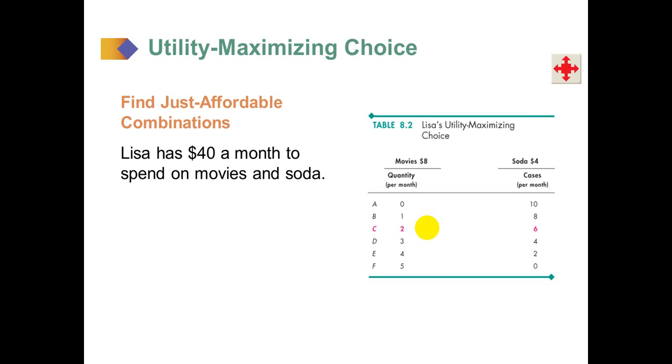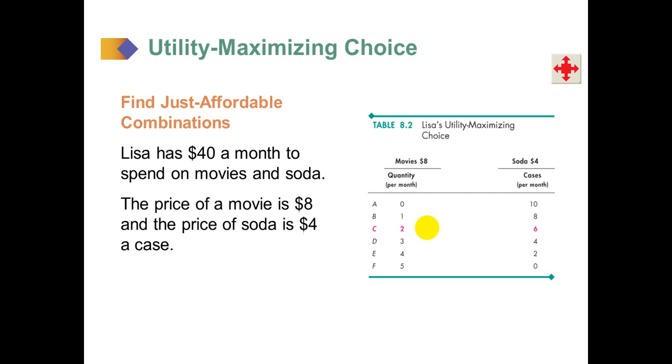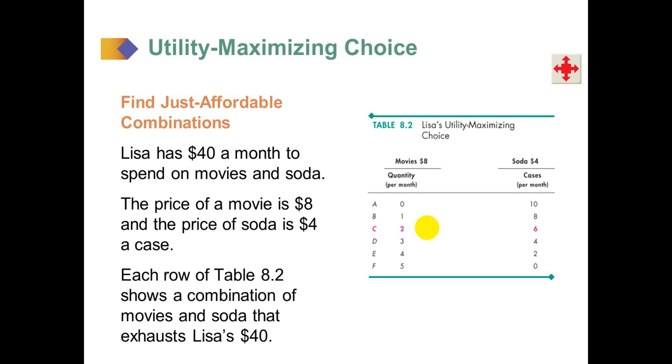Utility maximizing choices, just affordable combinations. Lisa has, for example, $40 a month, her income, to spend on movies and soda. The price of movies equals $8, and the price of soda equals $4 a case.